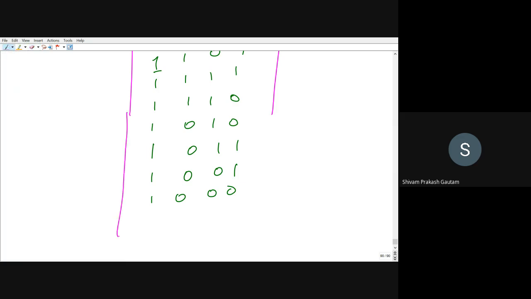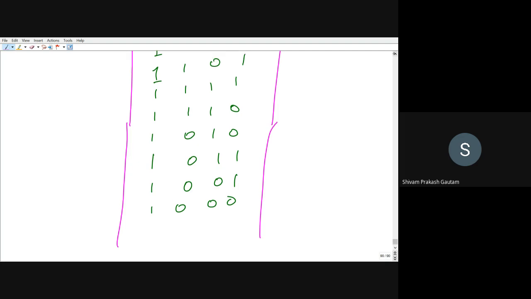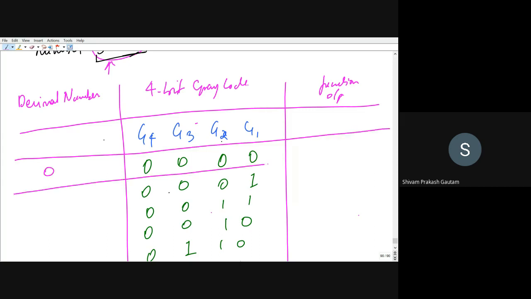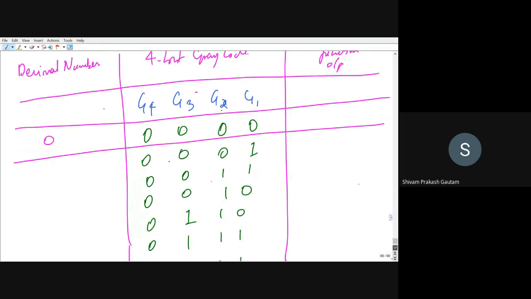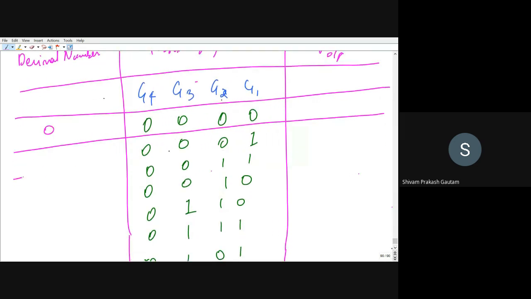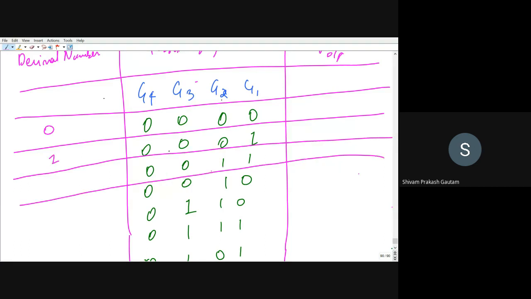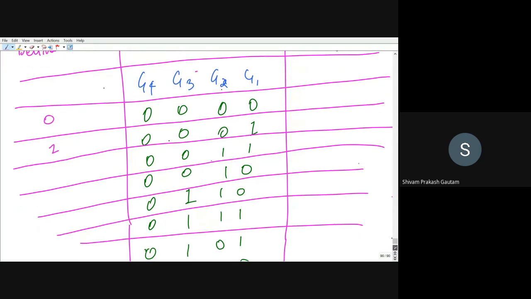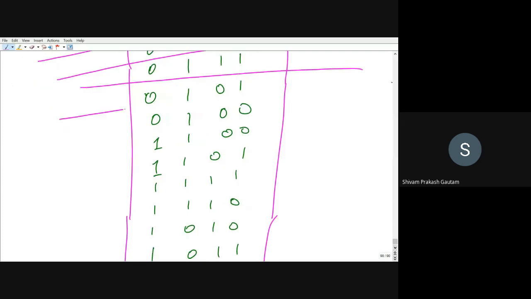So let us draw the table. This is the gray code for 0. This is the gray code for 1. Similarly, this, this, this, this, this.